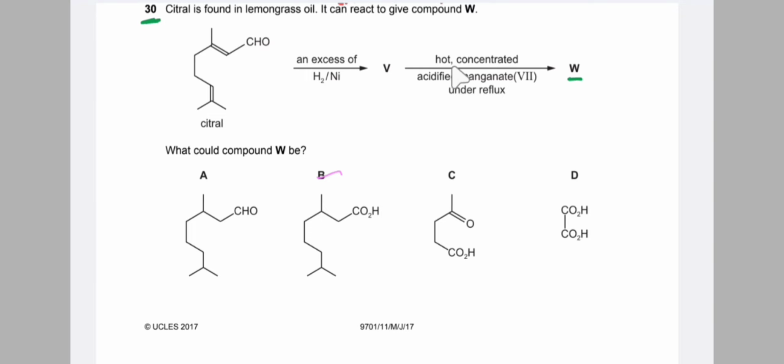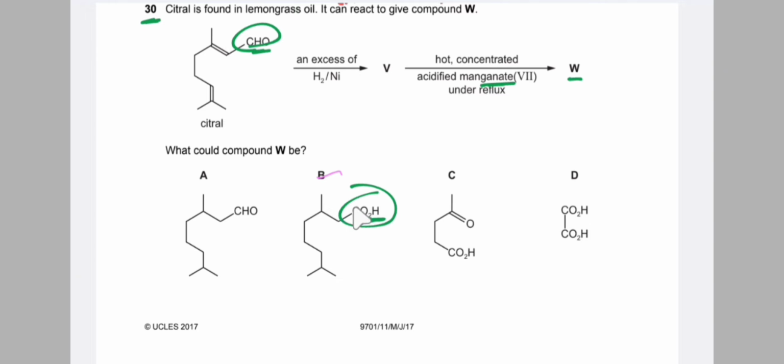Then this compound reacts with hot concentrated acidified KMnO4. Since KMnO4 is an oxidizing agent, it oxidizes the aldehyde to carboxylic acid. So carboxylic acid is formed.